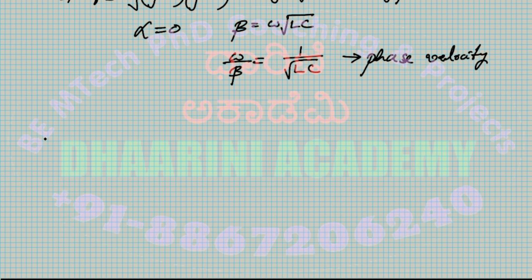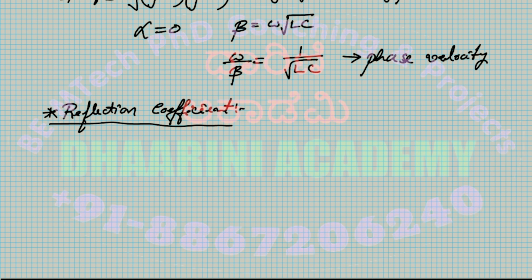Let's move further. The next topic I want to discuss now is called the reflection coefficient. Now let's consider what we understood so far. Let us say there is a line and we call that line matched if it is terminated with a load that is equal to the characteristic impedance. So I'll write that point.